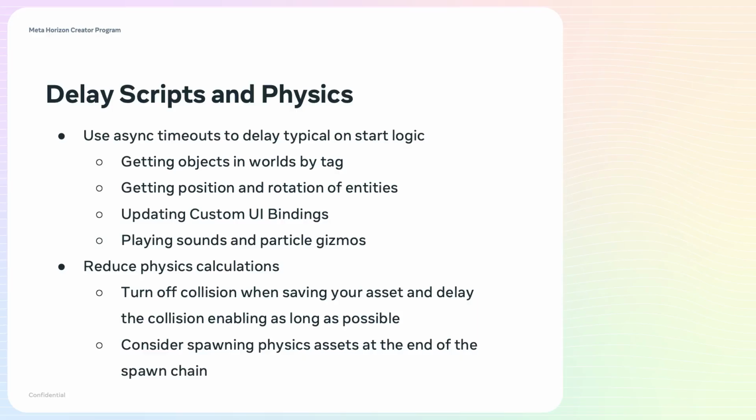Those are things that ideally you are able to delay on when spawning. If you can't, if it's part of the user experience to actually do those things, then you gotta do what you can. But if possible, try to defer those as long as possible.